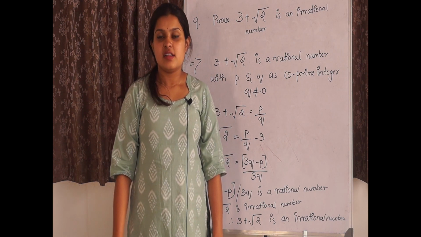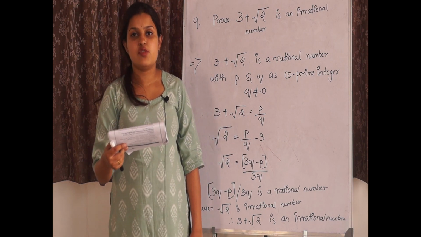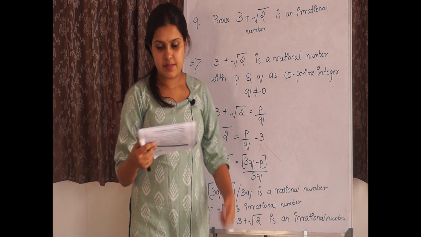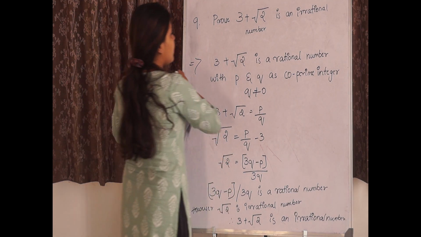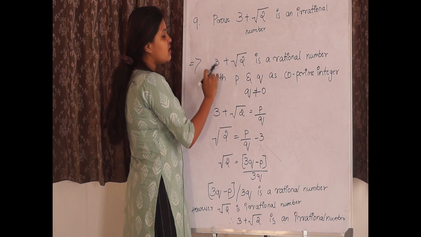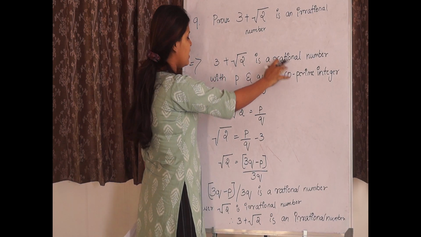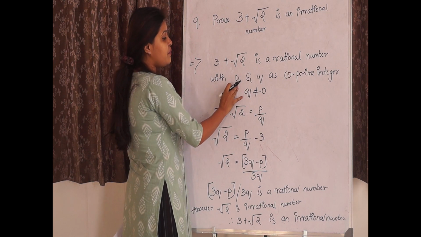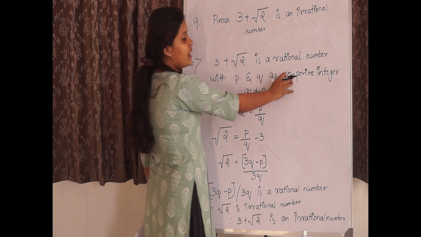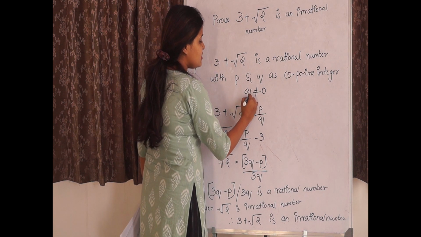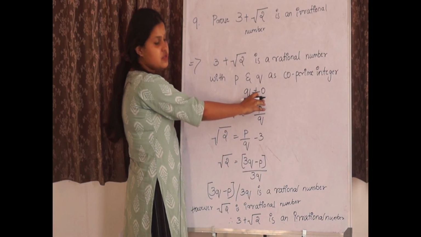Prove that 3 plus square root of 2 is an irrational number. Let's assume 3 plus square root of 2 is a rational number, and take p and q as co-prime integers, where q is not equal to 0.